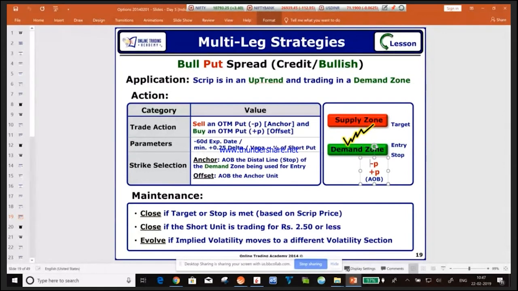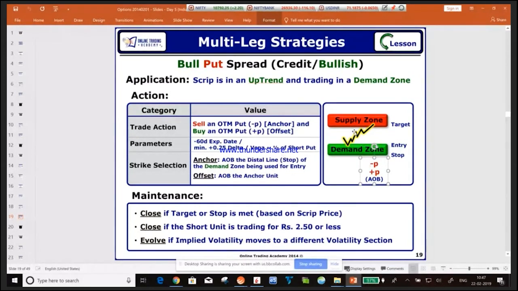Now, since this is a credit strategy, you have to stay within 60 days or less. Remember that. So usually it is the front month that you look at, and the other parameters are the net Vega should be at least 0.25 because we are having a directional strategy, and the Vega of this bull put should be half of the Vega of the short put.